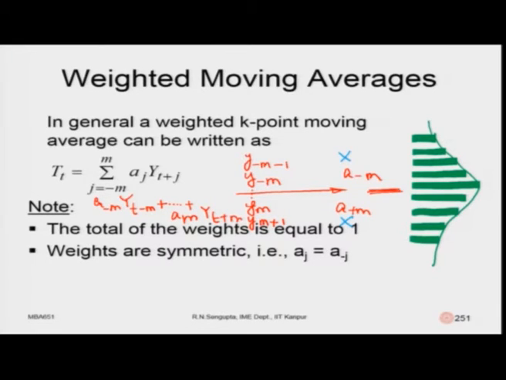In the sense, the weight which you have here and the weight you will have here should be of equal weightages. Hence, what you are actually trying to do is give the weights in such a way that they will basically form a normal distribution with the central value being the predicted or the estimated value using the moving average concept.